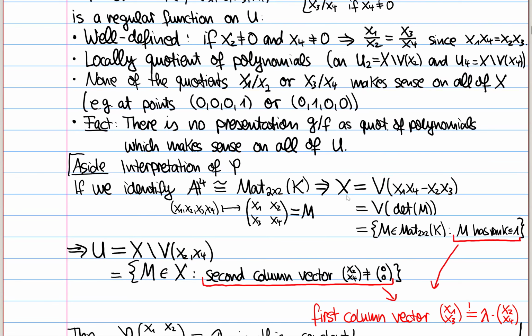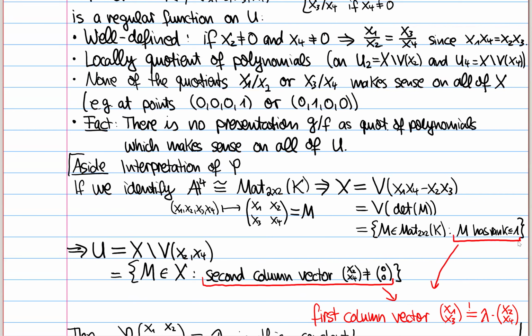And then if you look at X, the vanishing locus of the polynomial x1 x4 minus x2 x3, this is just the determinant of this matrix. And so this X is just the locus of all matrices which have vanishing determinant, or in other words, all the matrices whose rank is at most 1.